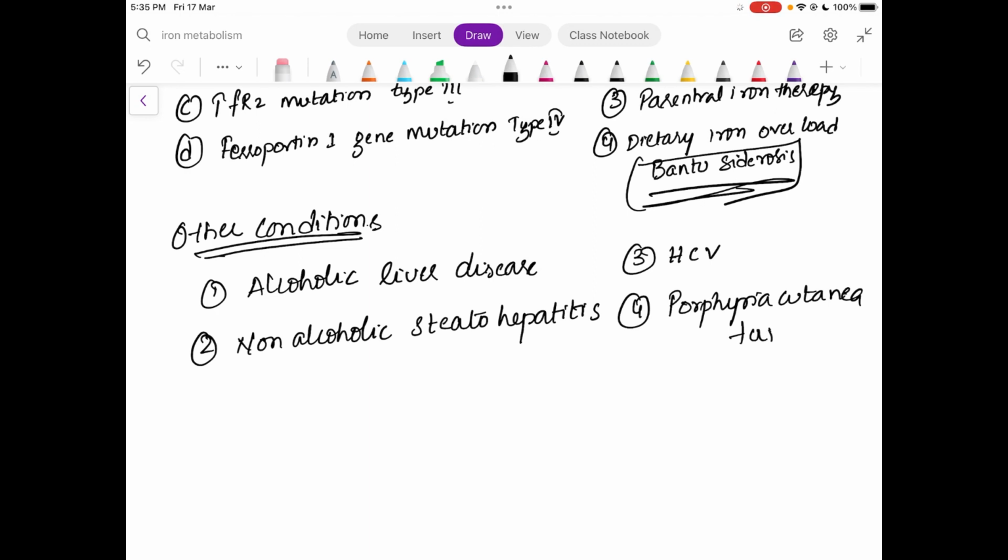This is one type of porphyria where it will cause iron overload. All these conditions are not directly related to iron, but these diseases will cause increased iron overload in the body.